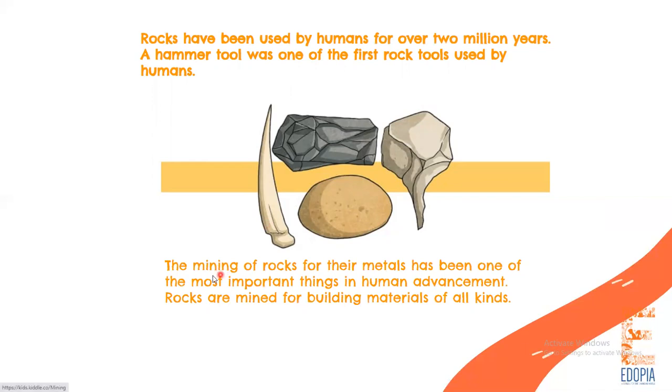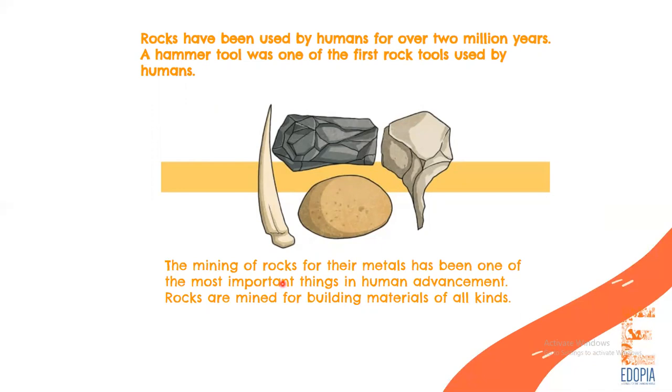Now, the mining of rocks. We discussed in class that so many things around us, copper and iron, in the form of ore, actually come from the stones and rocks. We even get gold out of the rocks. We have gold mines, we have diamond mines.